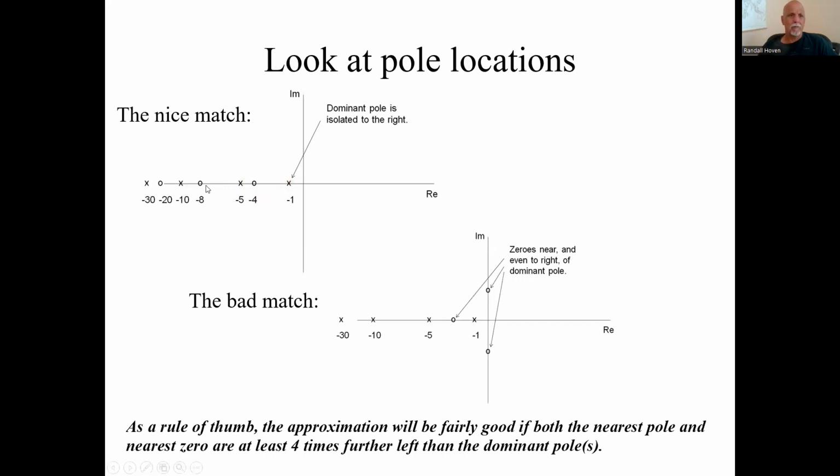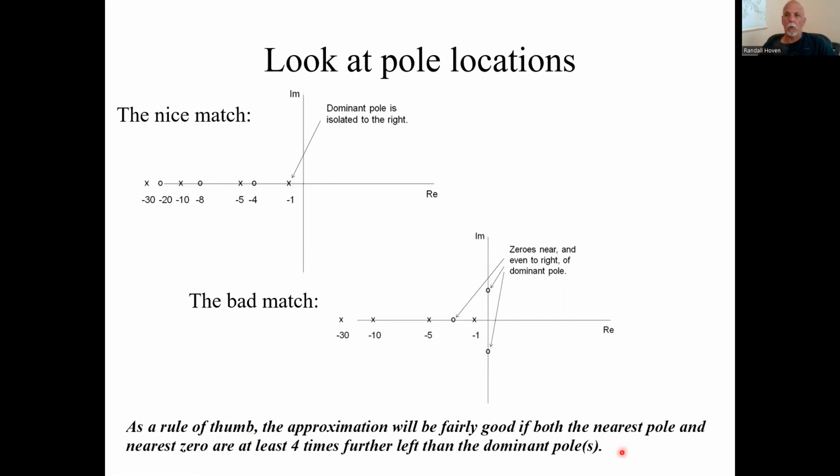So you had, in effect, the next nearest guy like 8 times to the left of the dominant pole. And we got a match. On the bad match, you had zeros not only not that far left of the dominant pole, you had a complex pair to the right of the dominant pole, and in fact, on the imaginary axis.